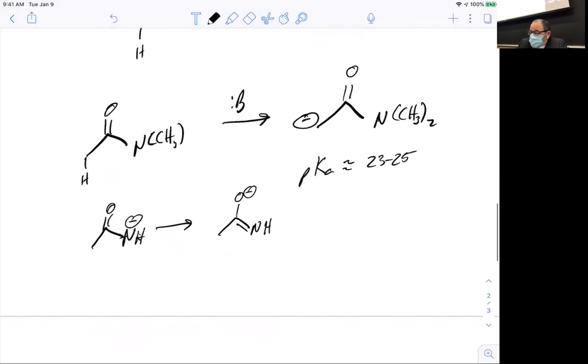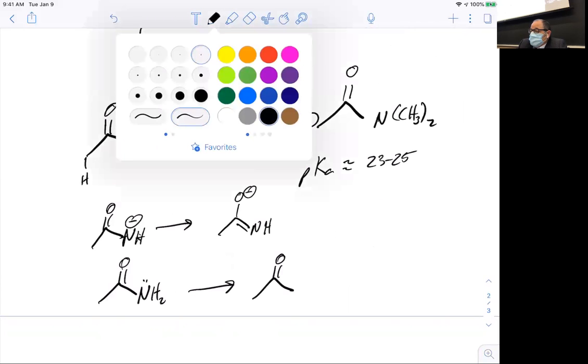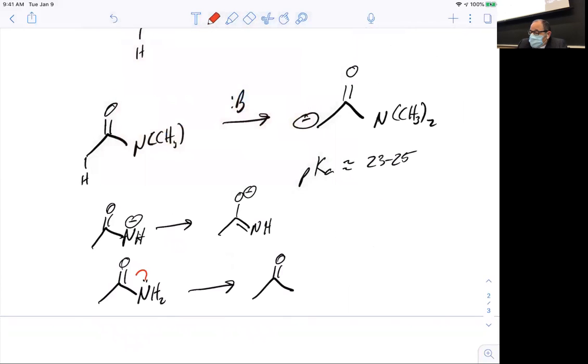And in fact, if we look at the species beforehand, we can delocalize that negative charge, lone pair, up to the oxygen.